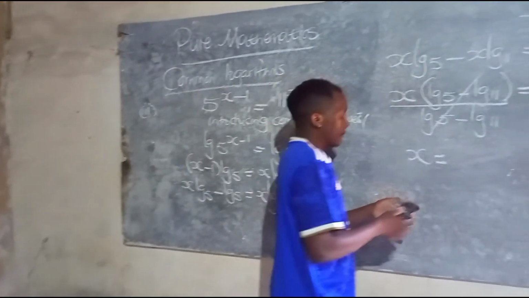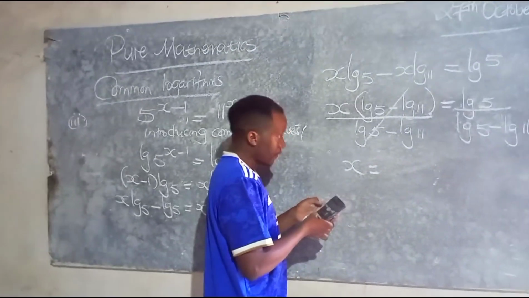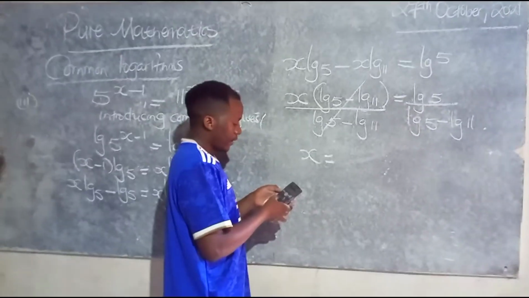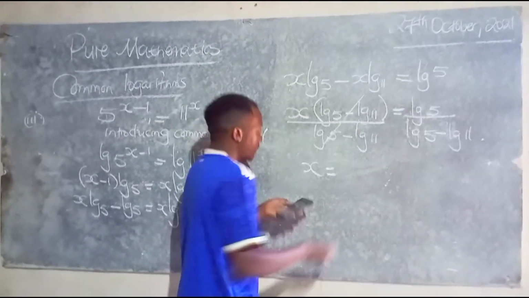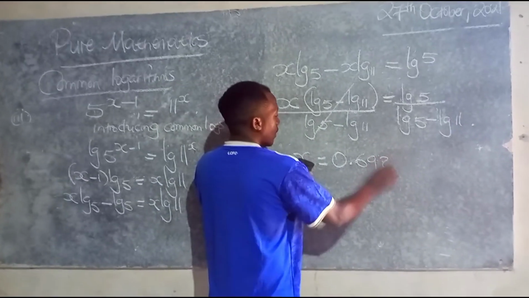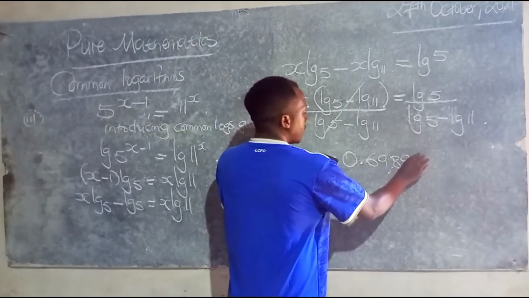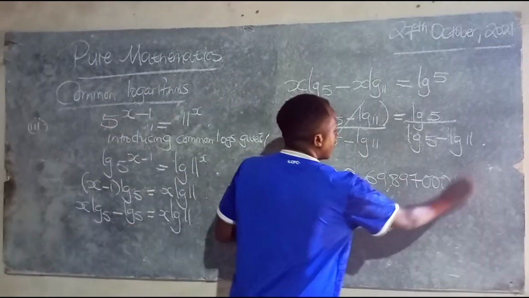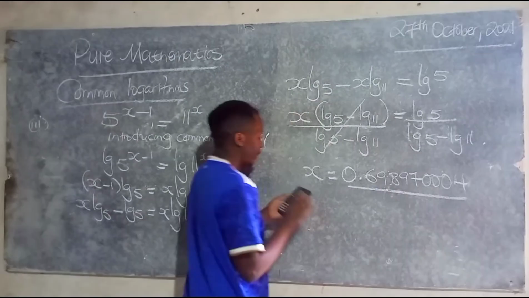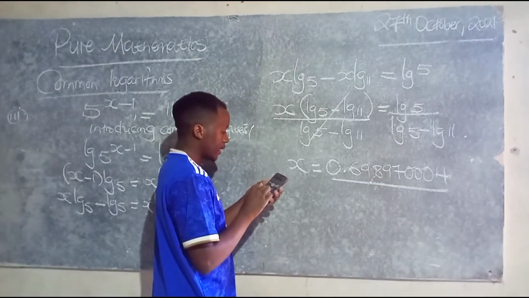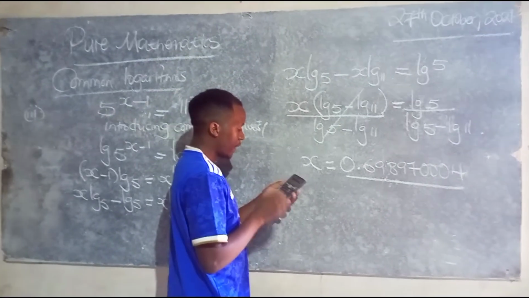Log 5 equals 0.698970004, then over, we have log 5 minus log 11.